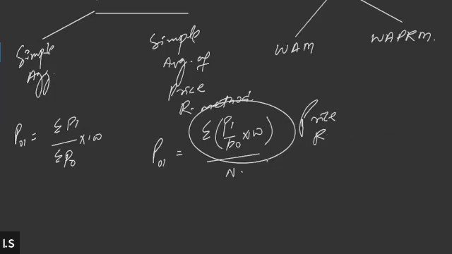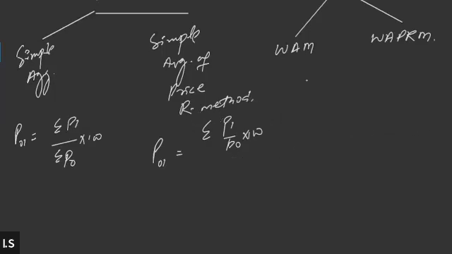Apart from this, we have also covered the formulas for calculating weighted aggregative method. In order to find out index number by weighted aggregative method, we have three formulas: Laspeyres' method, then Paasche's method, and Fisher's ideal method.